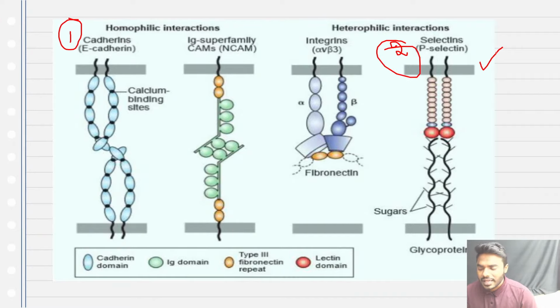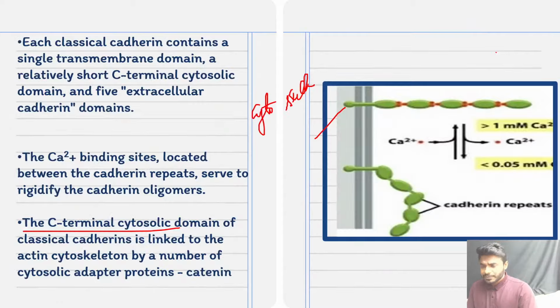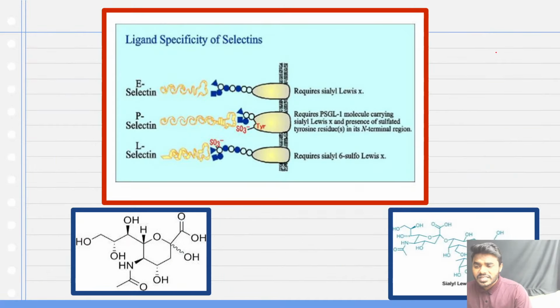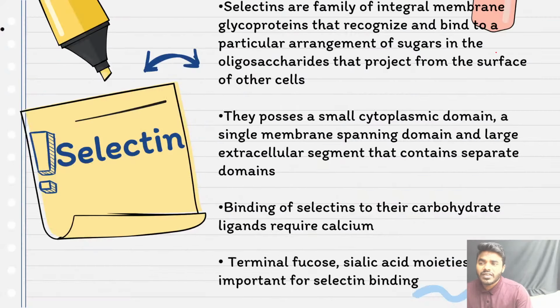So we read the first type of CAM molecule, cadherin, and the second type of CAM molecule we are going to read is the selectin. Of course, cadherin is the one which is involved in homophilic interactions, correct? So friends, the moment you hear the name selectin, one common statement has to strike your mind: selectin is involved in heterophilic interaction.